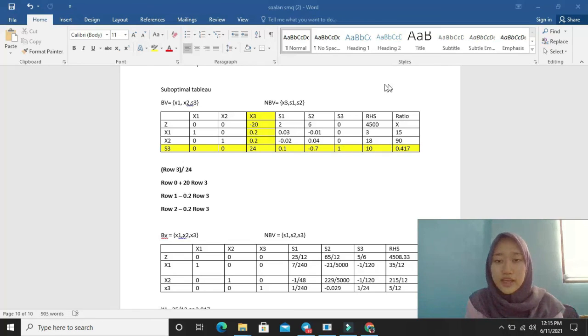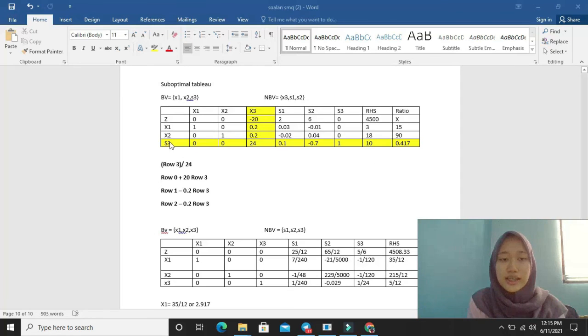And after that we obtain the ratios. We need to find the smallest one. So comparing 15, 19 and 0.417, the smallest is 0.417. So S3 will be the leaving variable.